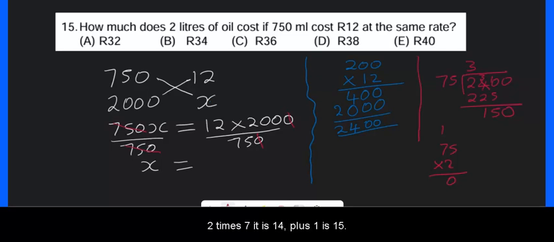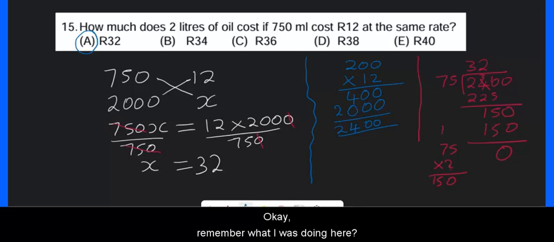Carry 1. 2 times 7 is 14 plus 1 is 15. So 2 times 75 is 150, and this gives me 0, no remainder. So my answer here is 32, which is A.